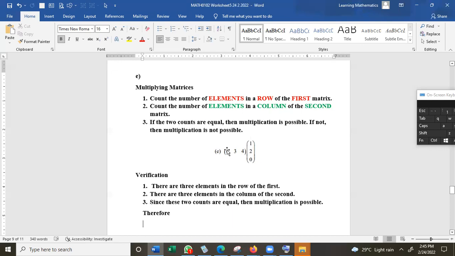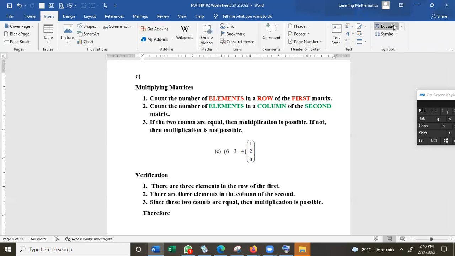So in the row of the first, you have first, second, third, so you must have a first, second, third in the column of the second for multiplication to be possible. So first times first, second times second, third times third, and then you add. That is what is actually going to take place.